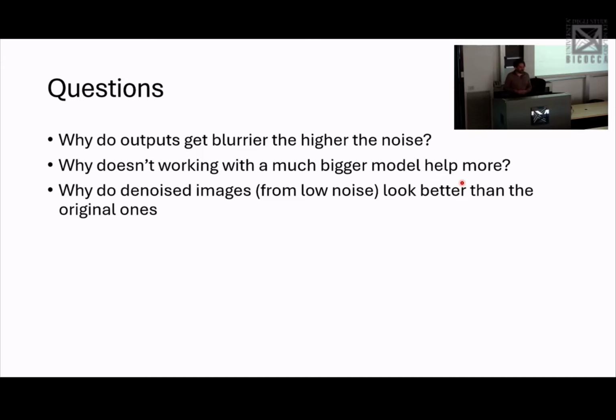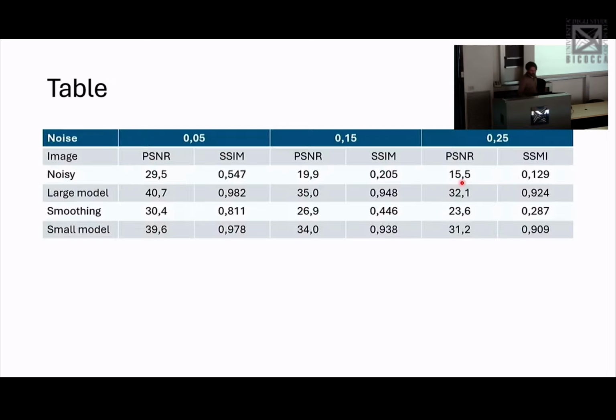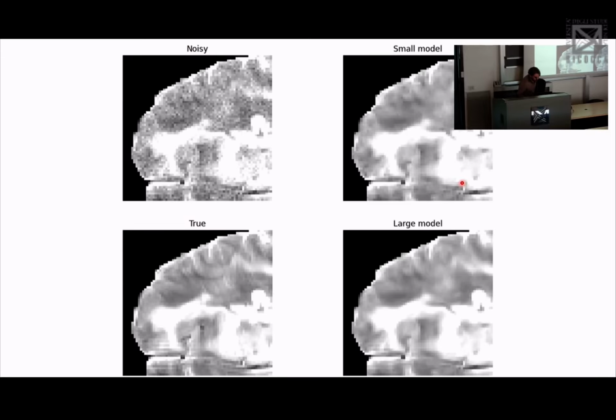And we can also ask ourselves, why do denoised images, even starting from low noise, look better than the original ones? Because you could see with a little amount of noise that this is my true image, and this one was the noised one. And starting from here, you can see that it's somehow smoother.